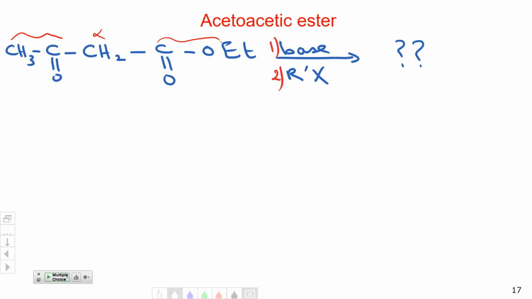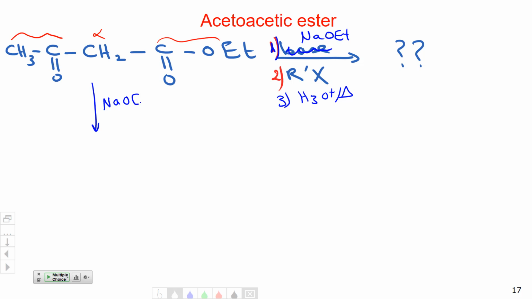So the difference between this and the malonic ester, which has 2 esters on the sides and an alpha carbon in between, is that here we have a methyl ketone, alpha carbon, then the ester. Also, very typical 3 steps: a base, actually, let me repeat, sodium ethoxide, R prime X, and the third step, H3O plus heat. So if you think about it, exactly the same 3 steps as the malonic ester.